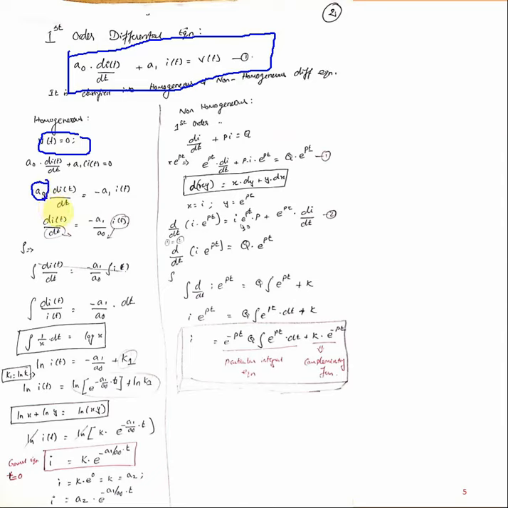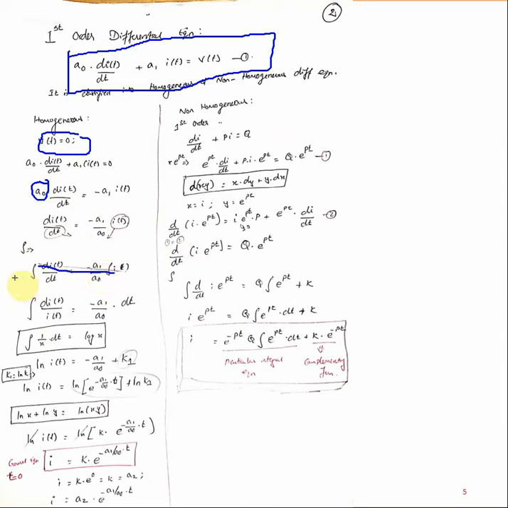It is a multiply term, so it comes in the denominator. Then I interchange these two: I of t comes to this side and dt moves to the opposite side. So di of t divided by I of t equals minus a1 divided by a naught into dt.